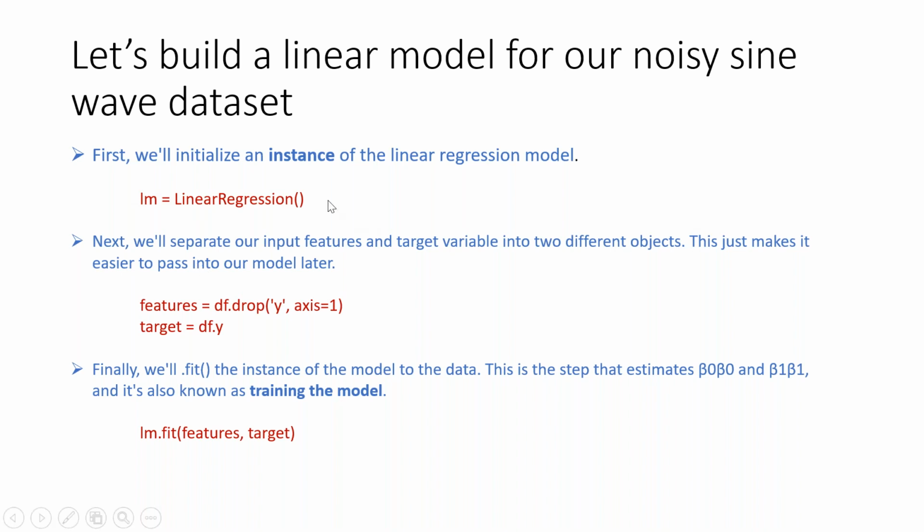Okay. Then there are the two most important functions of all learning algorithms: one is called the dot fit function, and the other is called the dot predict function. Okay, so dot fit always requires, first, as an argument, features, meaning all your x columns, comma, target, y.